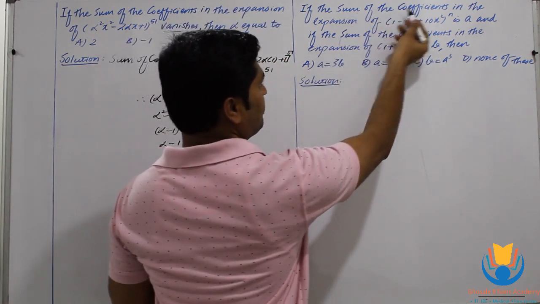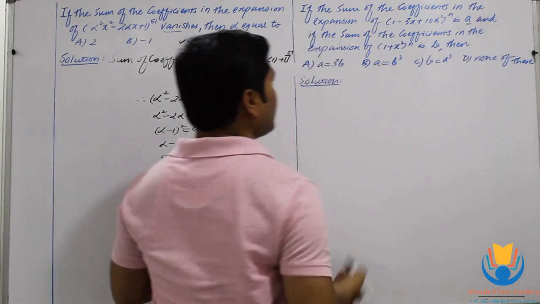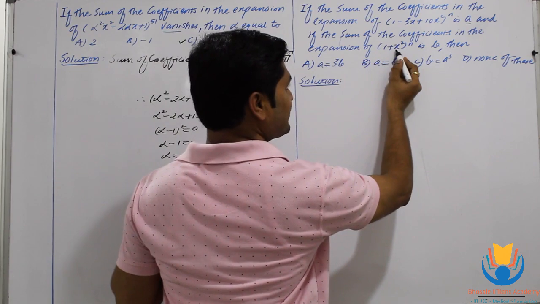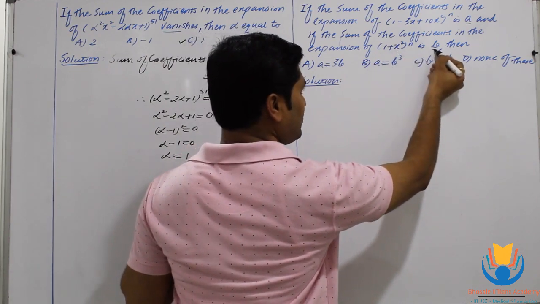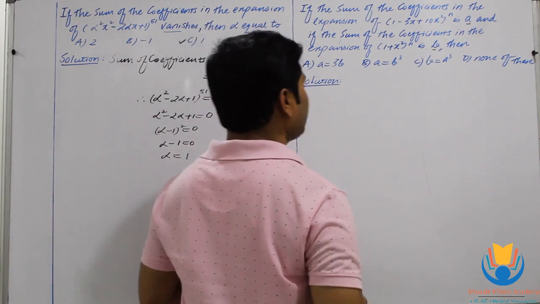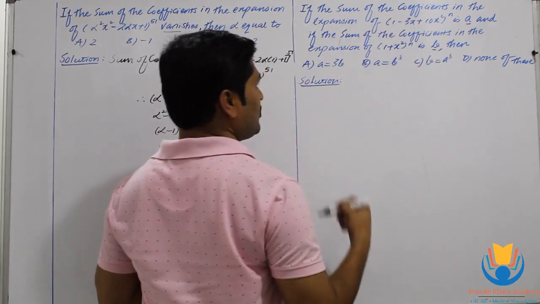So here the sum of coefficients in this expansion is given to be a, and the sum of coefficients in this expansion, 1 plus x square whole raised to n, is given to be b. Then we have to find the relation between a and b. For that, first we will find the sum of coefficients in this first expansion.